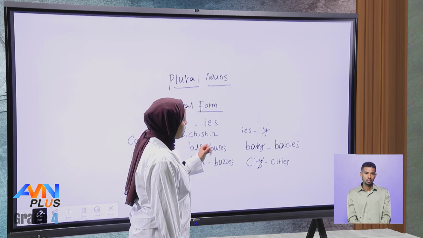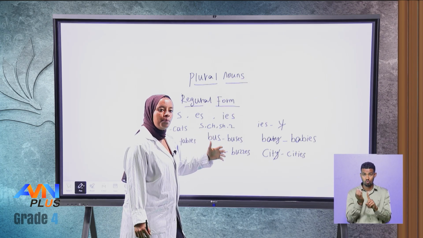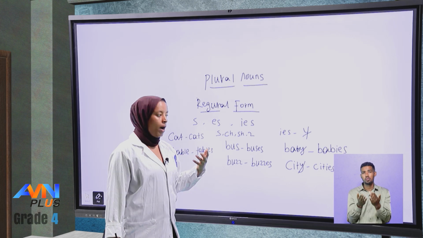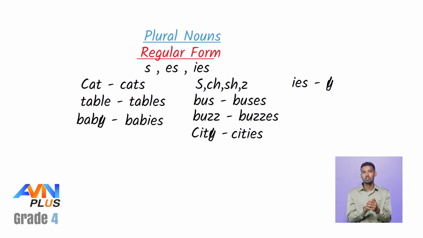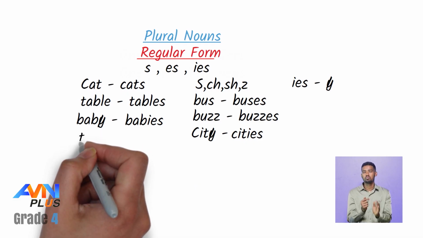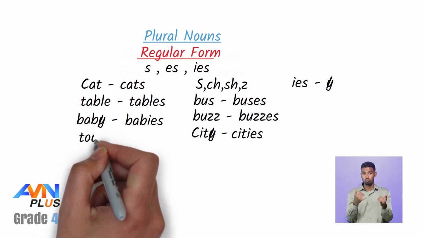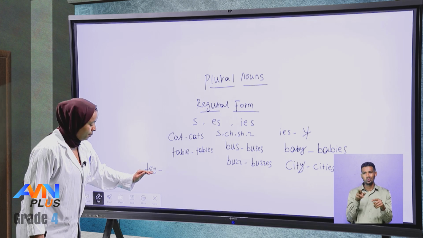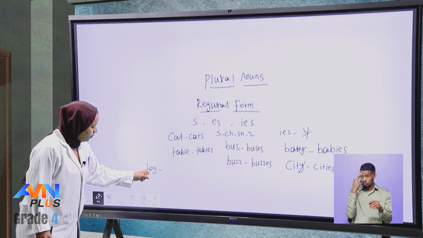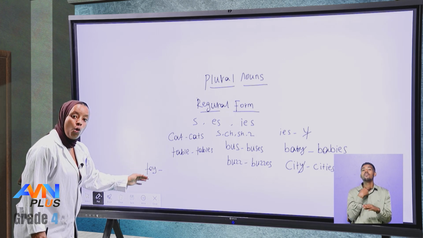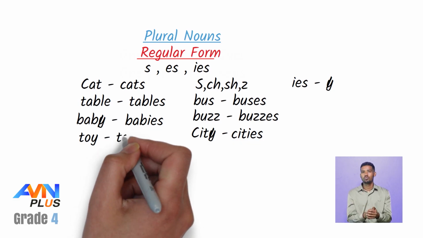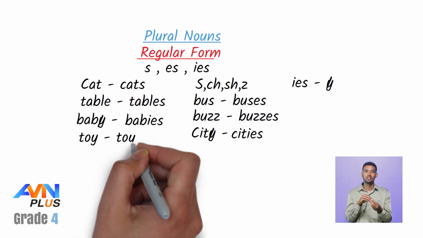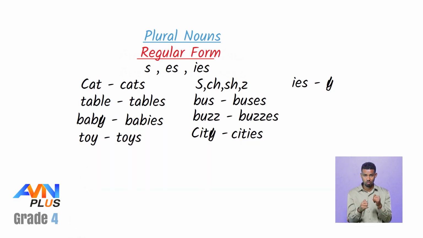But here is a special condition. Some examples, of course, end with y, like toy. Yes, it ends with y, but we don't cancel the y because before the y there is a vowel letter, o, so we easily add s at the end of the noun.